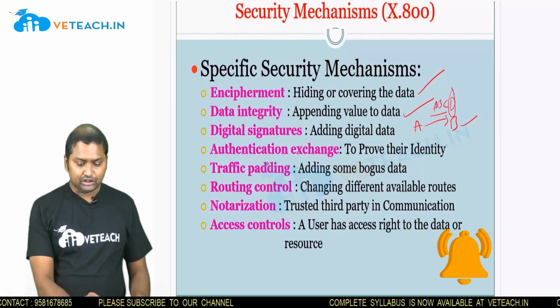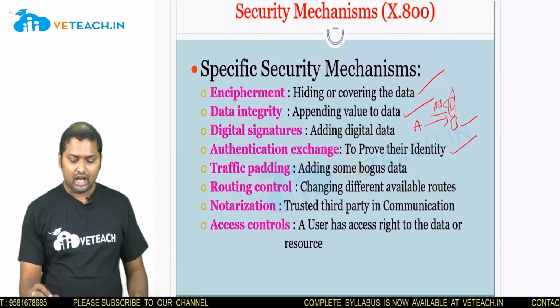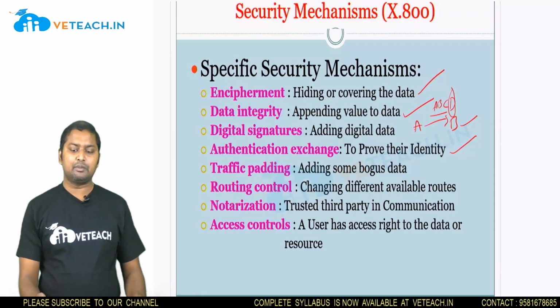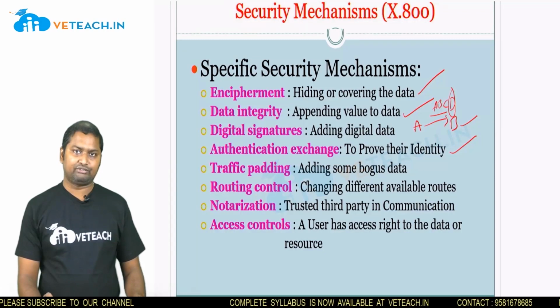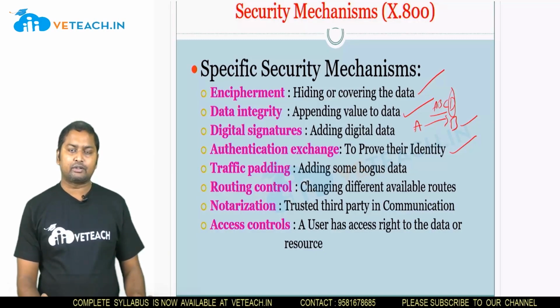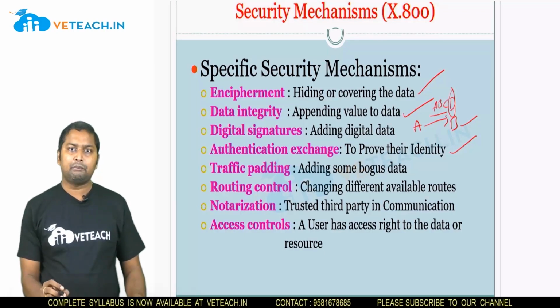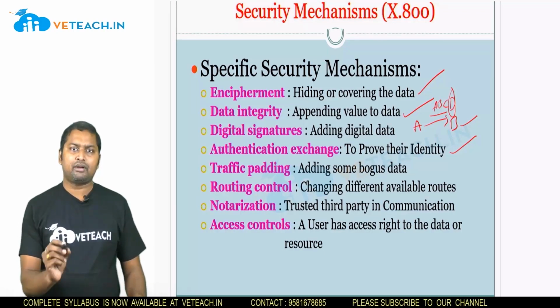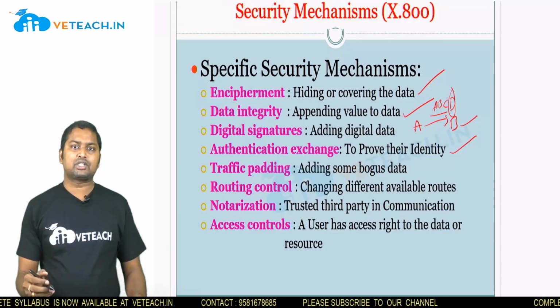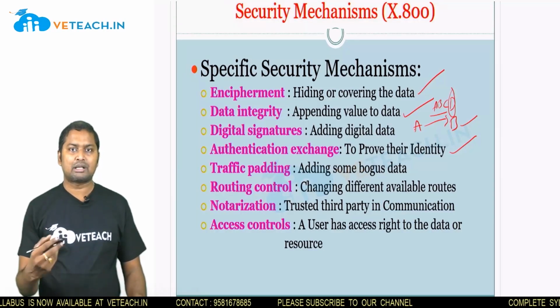Next one is authentication exchange. Authentication means proving one's identity. For example, I want to send some information to my friend. When I am sending the information, I am giving some extra data, that is, my identity. The identity is an image or some text.